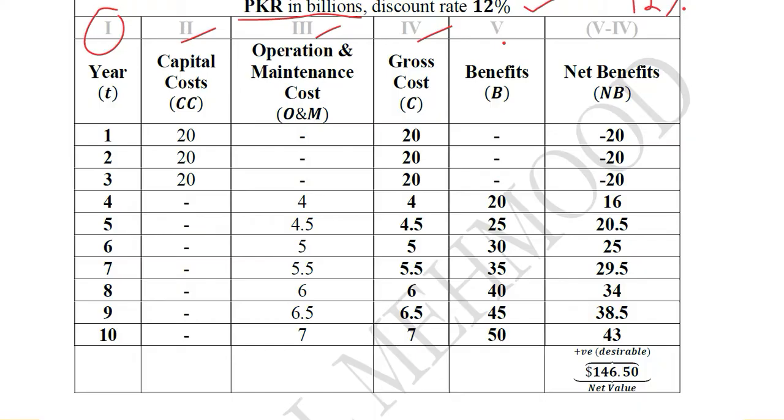In the first one, we are mentioning the year, and it is represented with T. As we develop a certain formula of discounting, we will use this symbol, that is T. The values are starting from 1 and ending at 10. So it means that 1 year has passed, and 2 years have passed, 3 years, or the 4th year has passed, and here the 10th year is passed. So it is showing the completion of the time period.